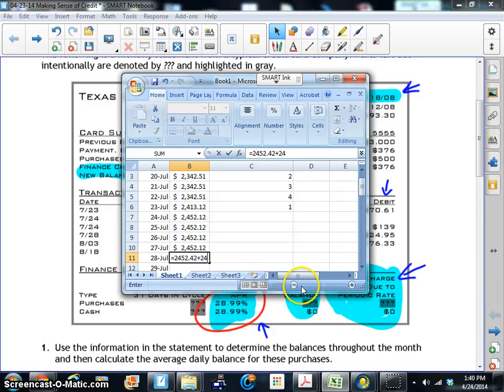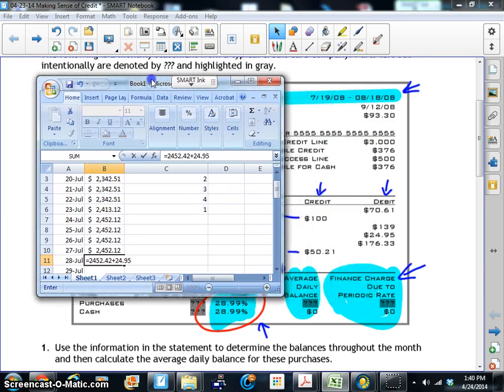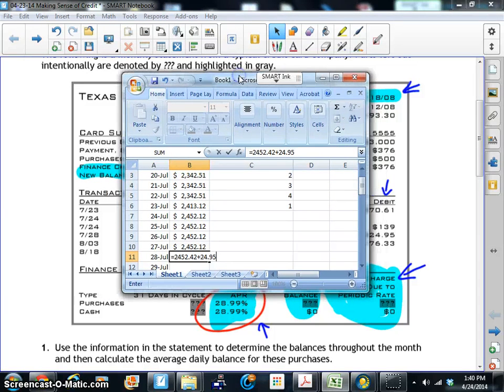So 24.95 is added to that. Push enter. Oh, and I forgot to do this one little thing: 1, 2, 3, 4 days of that. You're probably wondering why I'm doing that. I've got a pretty good reason why.